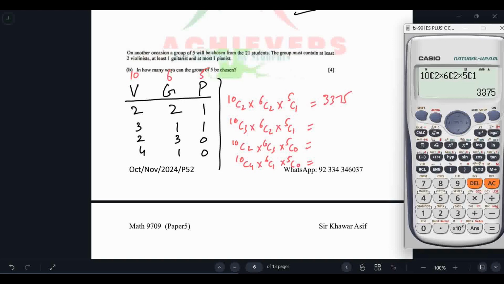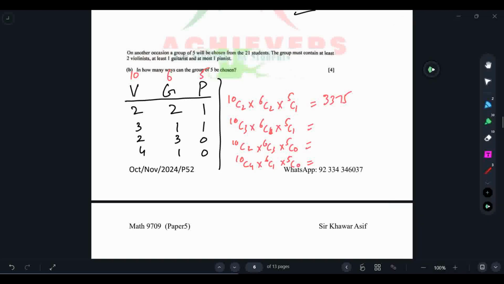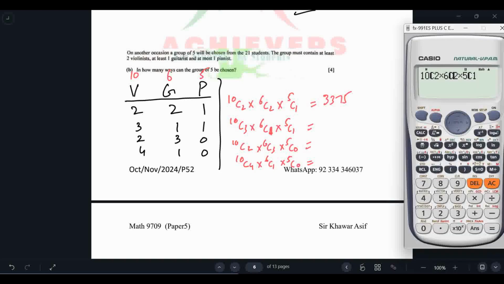Now for the second one we can write it as 6C2 and then 6C1. This should be 1, because for this one 6C1 is 1, and then we have 10C3. So this will be equal to 3600.